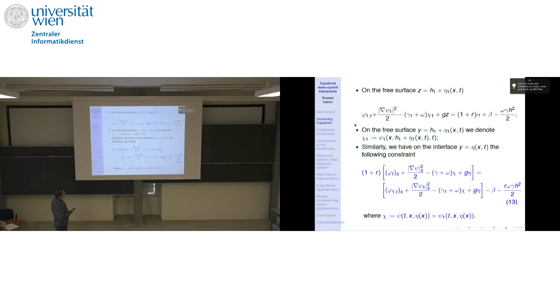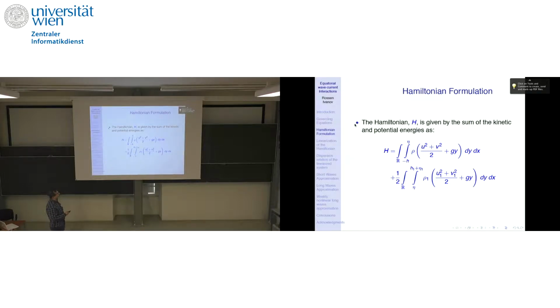So our hope is that we should be able to consider these eta and eta 1 as generalized coordinates in an eventual Hamiltonian formulation, and we will need to find what their conjugate momenta are, and it seems that there's something like these guys, phi 1 and phi, and their combinations on the surface and the interface.